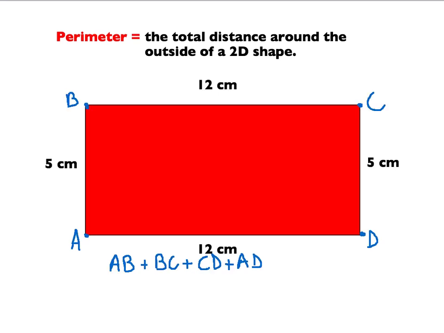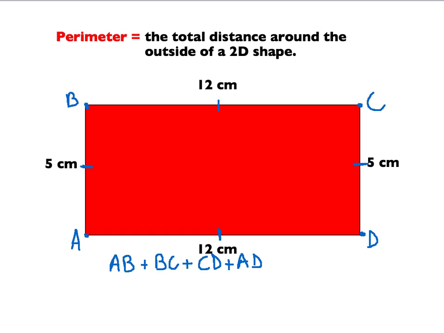Now our shape has got measurements added, and you can see that AB is 5 centimetres, BC is 12 centimetres, CD is 5 centimetres and AD is 12 centimetres. As you can see, AB is the same length as CD and BC is the same length as AD.